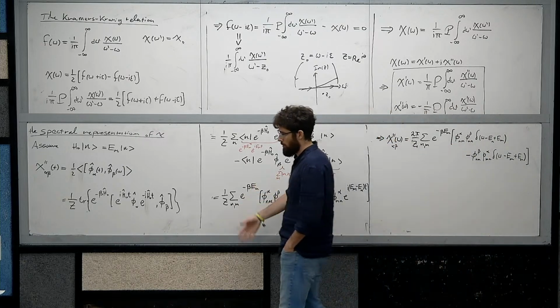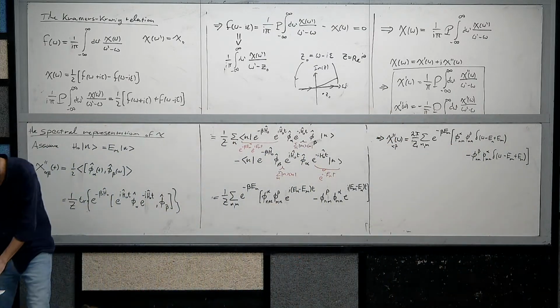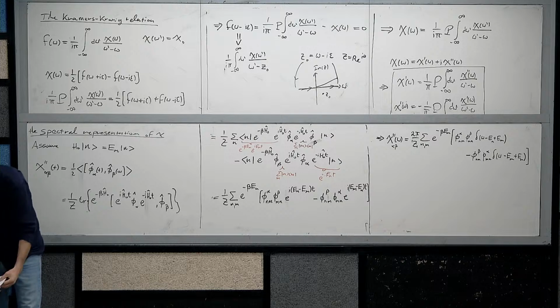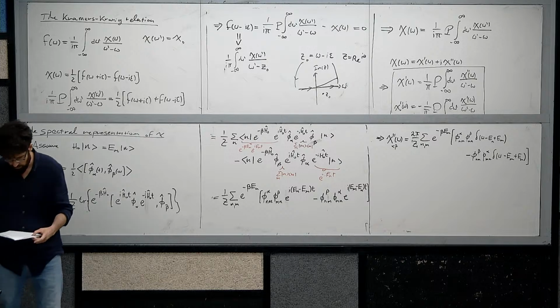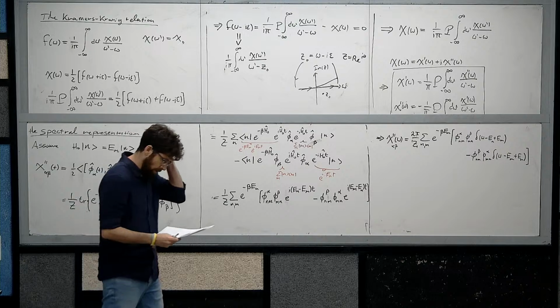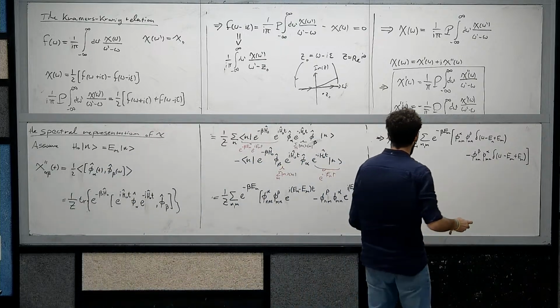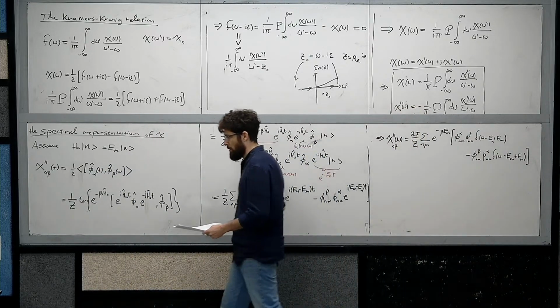So that's another powerful intuition about this dissipative part. Now we can further take advantage of what we've just derived, the Kramers-Kronig relation.